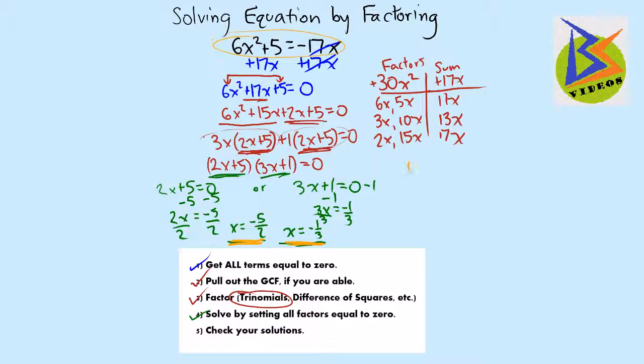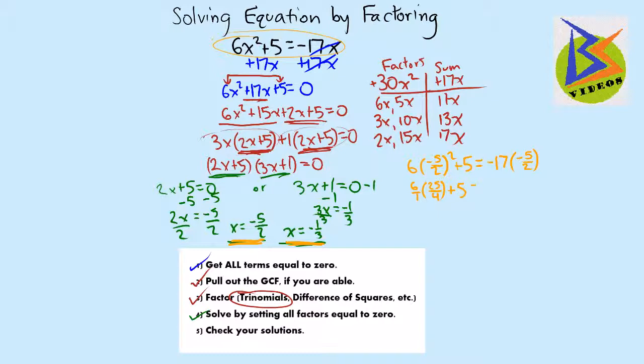So we say 6 times negative 5 halves squared plus 5 equals negative 17 times negative 5 halves. And so negative 5 halves squared is 25 fourths, because negative 5 times negative 5 is 25 and 2 times 2 is 4.